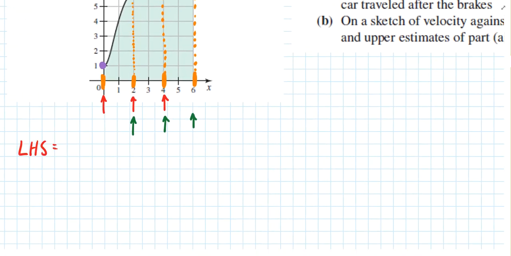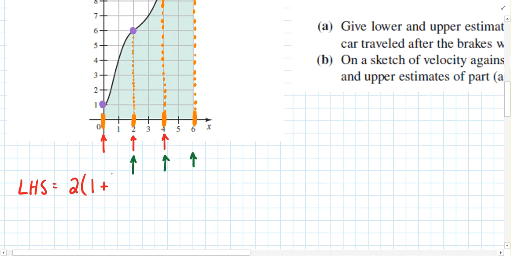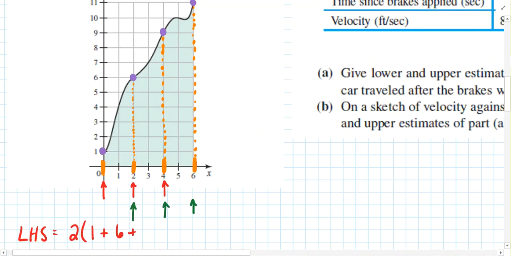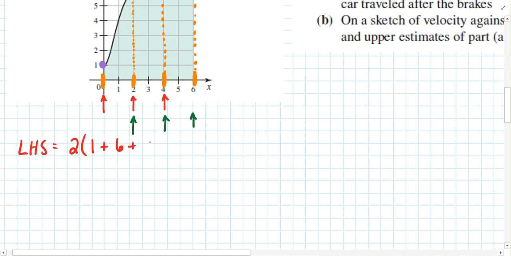Now here again for the left-hand sum, we need our delta x, which in this case is 2, and the first function result, which is 1, plus the second, which looks to be 6, plus the third, which appears to be 9, and again 1, 2, 3 subintervals.